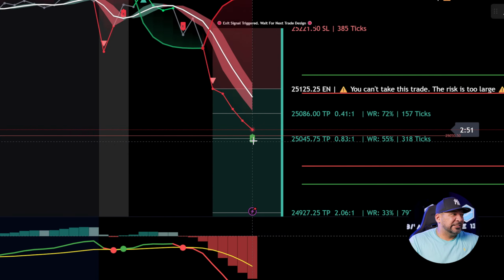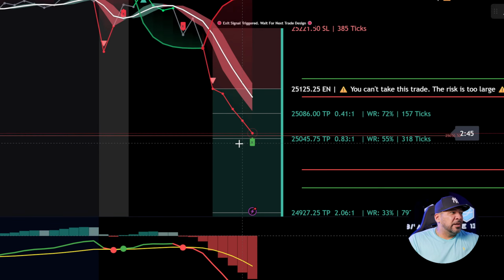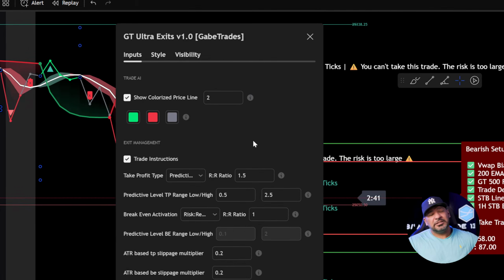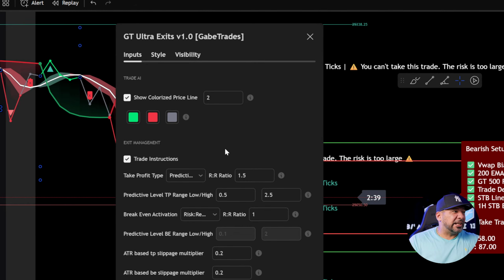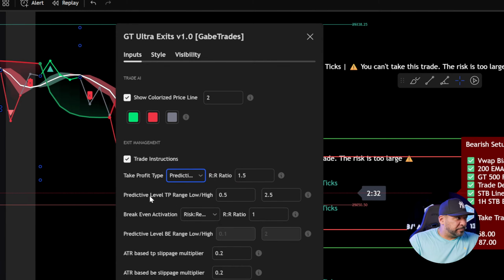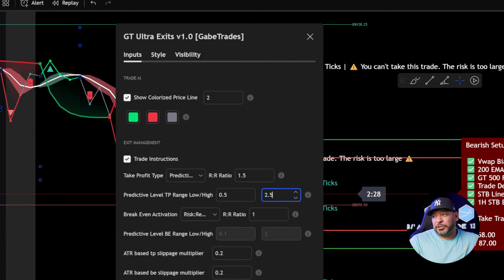So for me, we got to look at our settings here. I want to show you guys my Ultra settings so you can understand what's happening. My take profit type is always going to be predictive levels. My predictive level take profit range is 0.5 to 2.25.